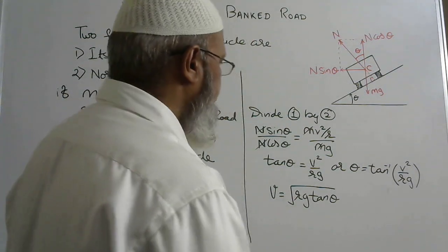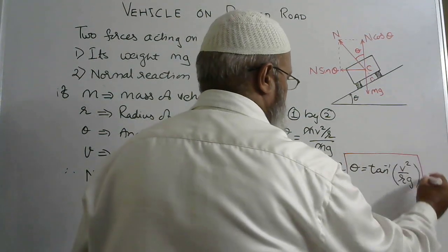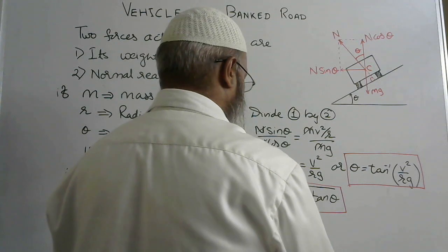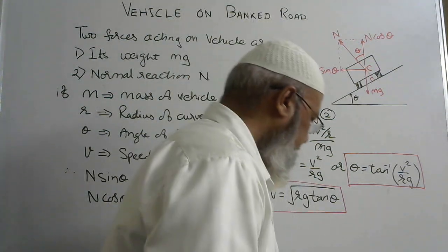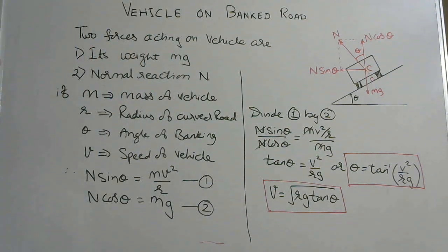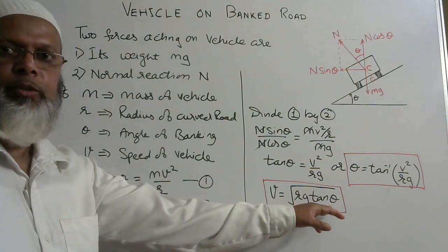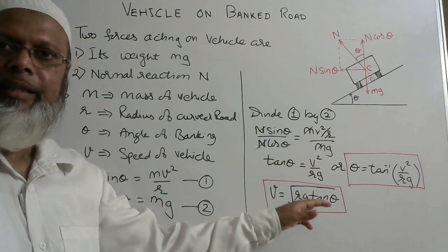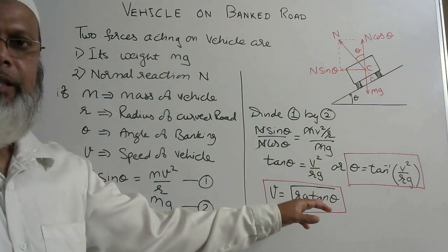Okay, so these are the two expressions which we have derived, this one and this one. Now if theta is known for a particular road, theta is fixed, r the radius is also constant, and g, acceleration due to gravity, is also constant.